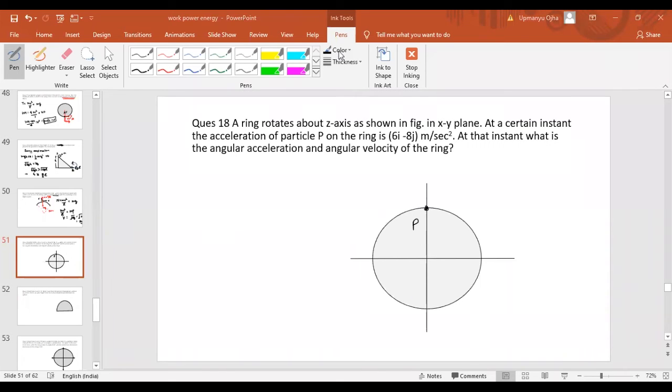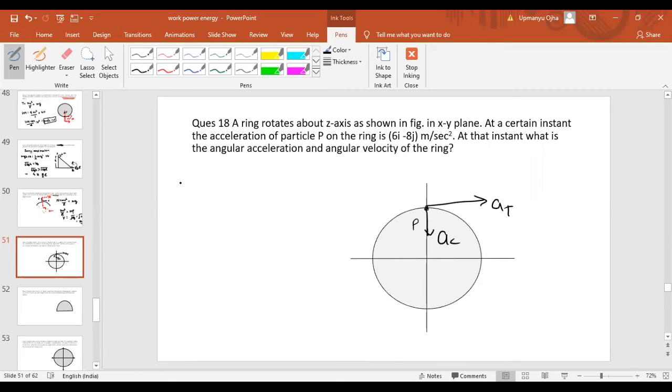The tangential acceleration will act along the tangent to the circle, and the centripetal acceleration will act towards the center along the radius.